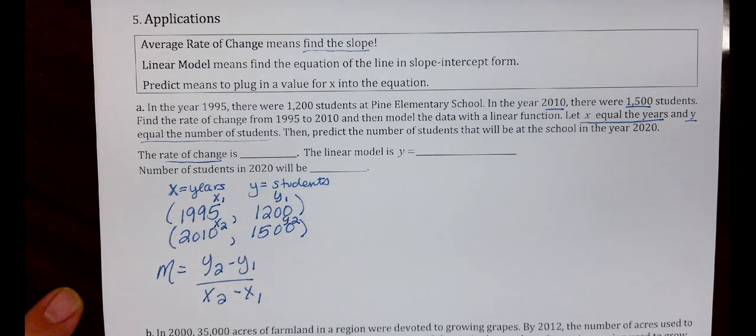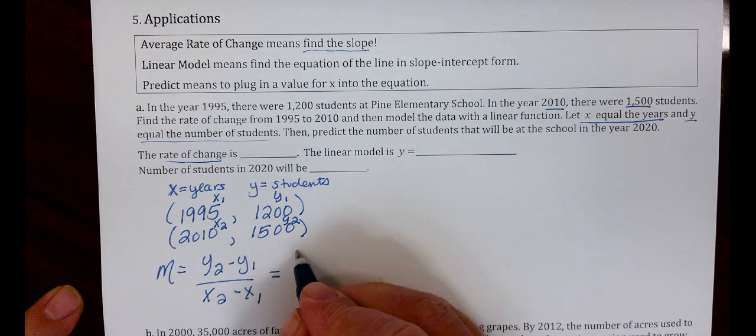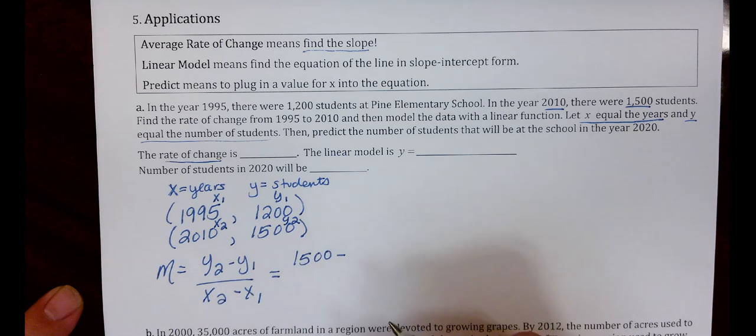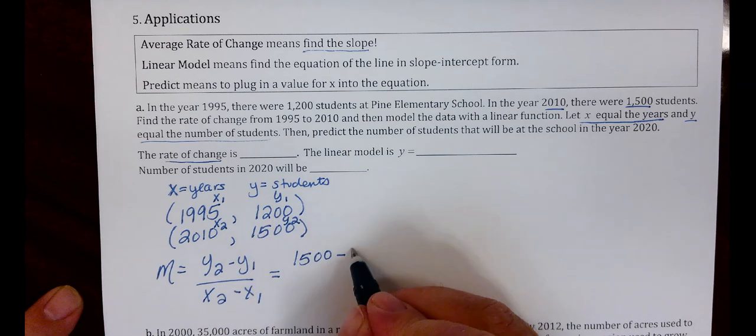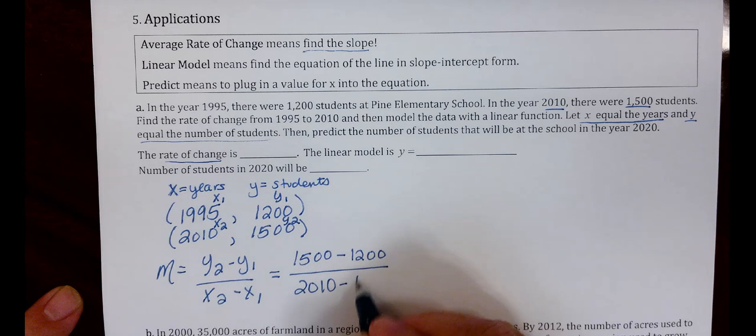Our next step is to use our slope formula and plug in. So y2 is 1,500 minus y1, which is 1,200, all over x2, 2010, minus x1, which is 1995.